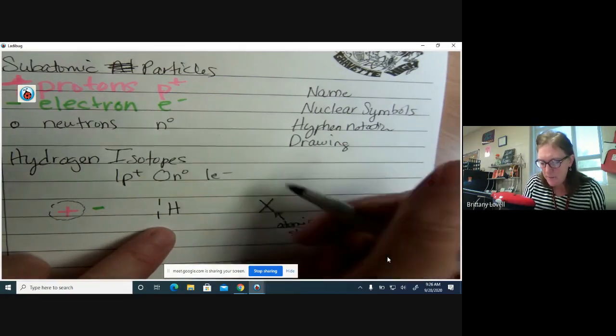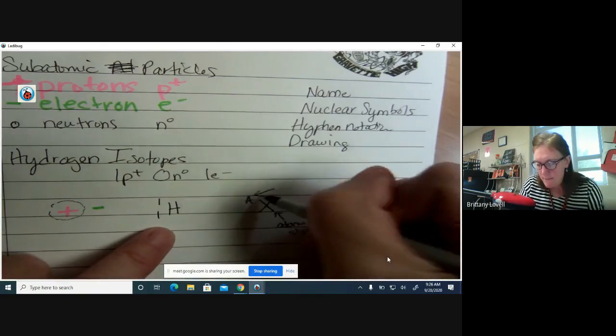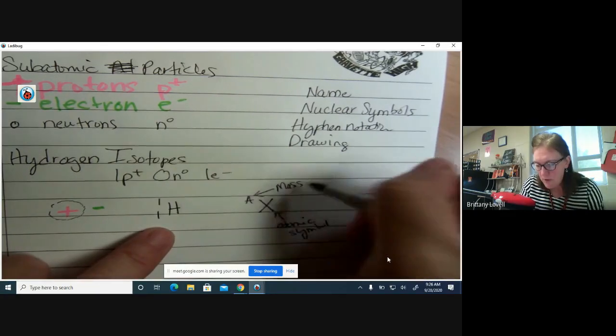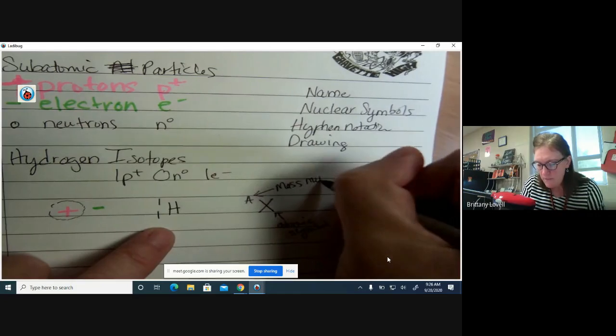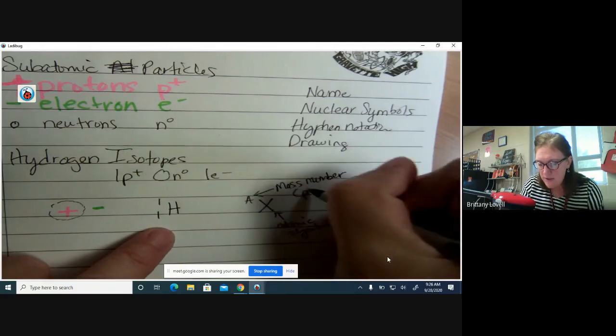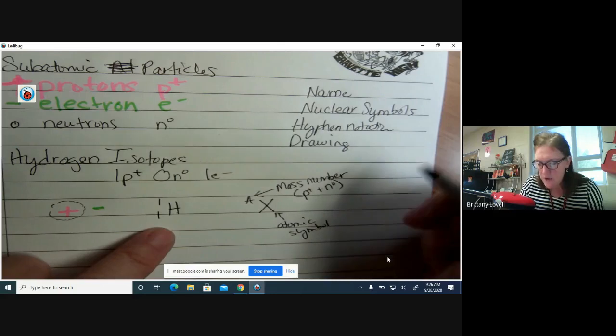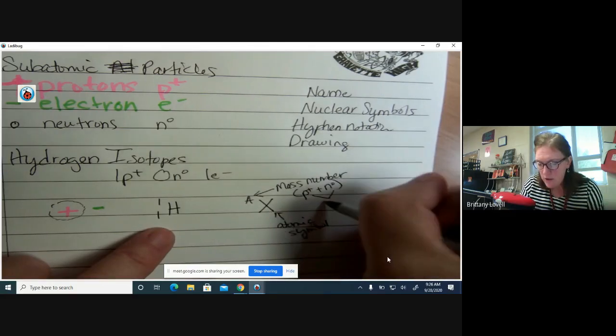On the top here, we label that as A. A represents the mass number, or the atomic mass, okay? And mass number comes from adding your protons and your neutrons. So in other words, it's all the stuff in the nucleus.